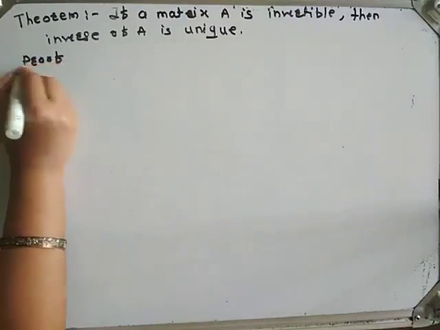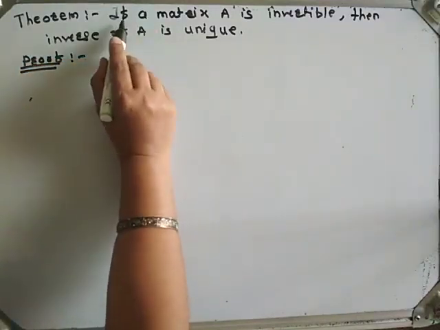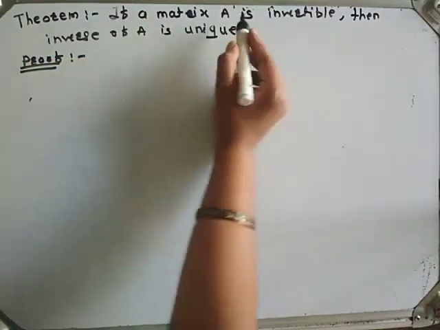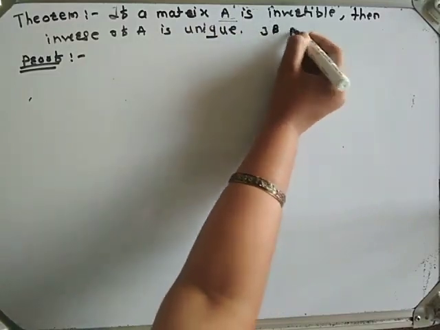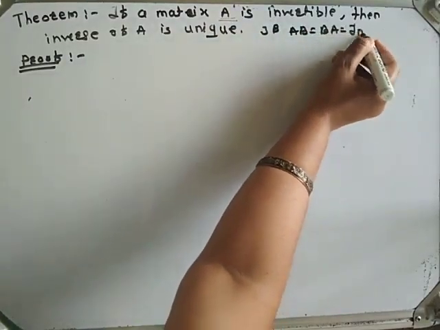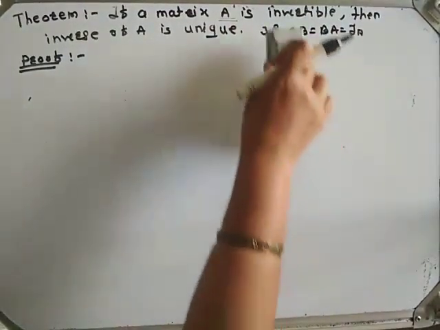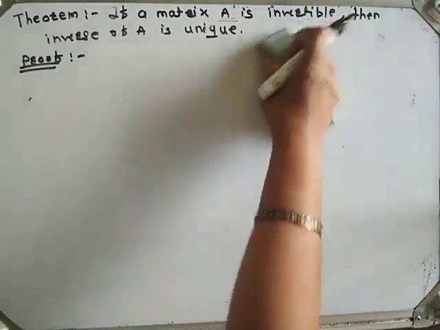So what is the theorem? The theorem is, if a matrix A is invertible, that is, there exists B such that A into B is equal to B into A, which is equal to In, that is the identity matrix, then the inverse of A is unique.